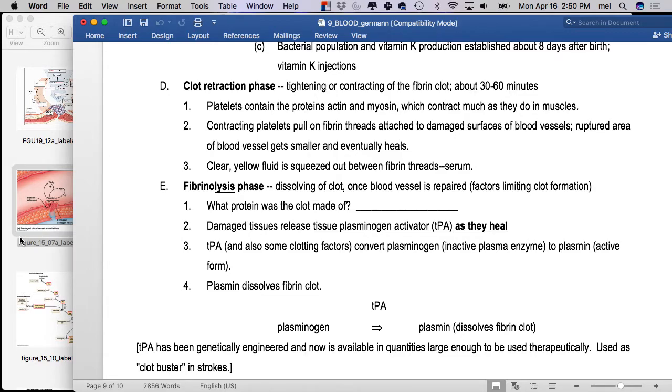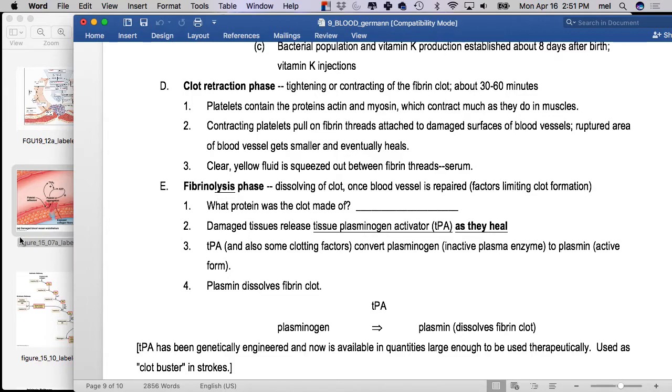So these healing tissues, after they say, hey, I think everything's cool, it's time to get rid of the clot, they're going to start to release something called TPA, which is tissue plasminogen activator. Tissue plasminogen activator. And what it does, guys, is interact with an inactive plasma protein called plasminogen, okay? And what it does is convert plasminogen to plasmin, and plasmin dissolves fibrin.